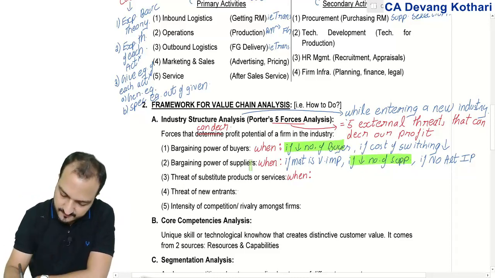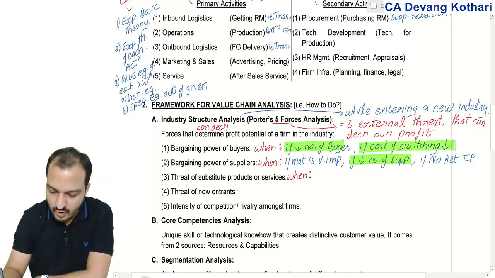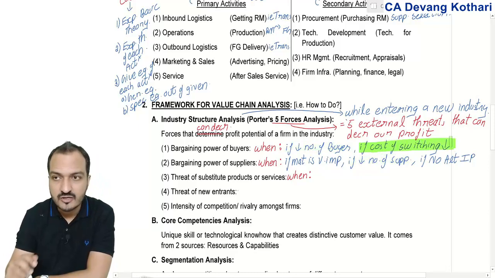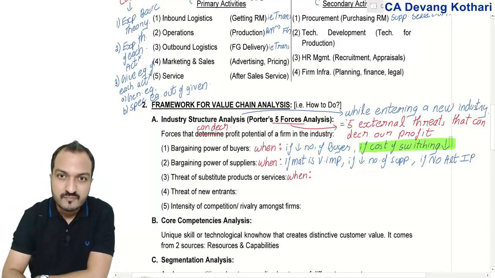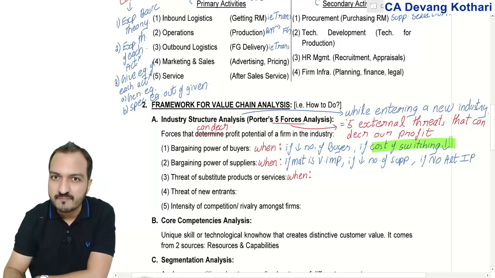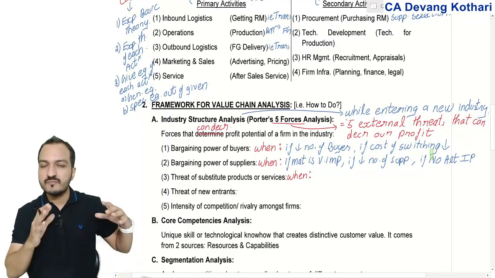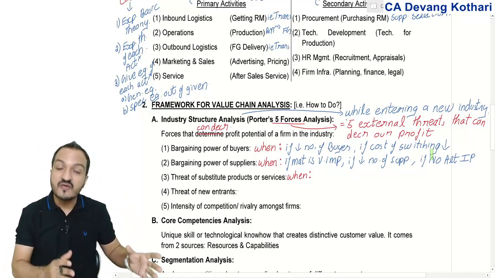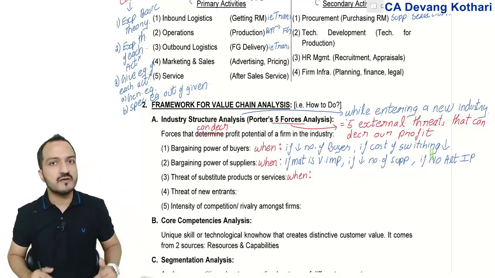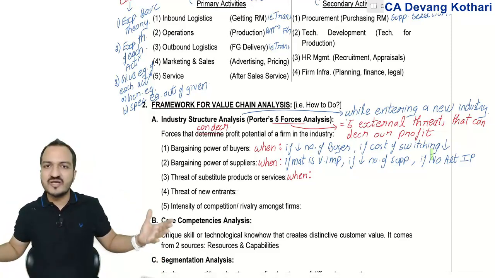Second, if the cost of switching is less to my customer, then my customer will have more bargaining power, right? But if my cost of changing supplier is less, then I will easily change a supplier.